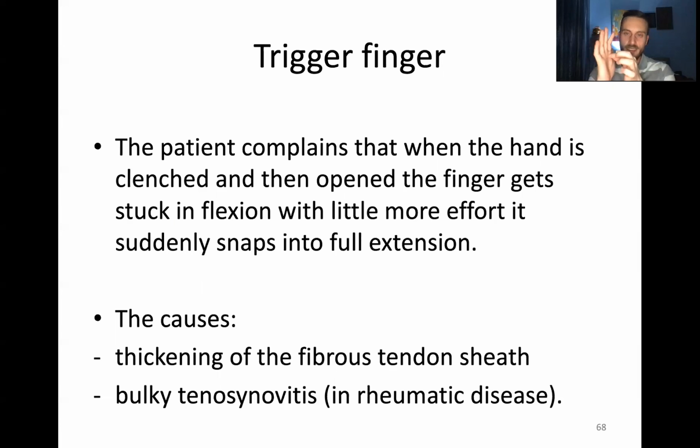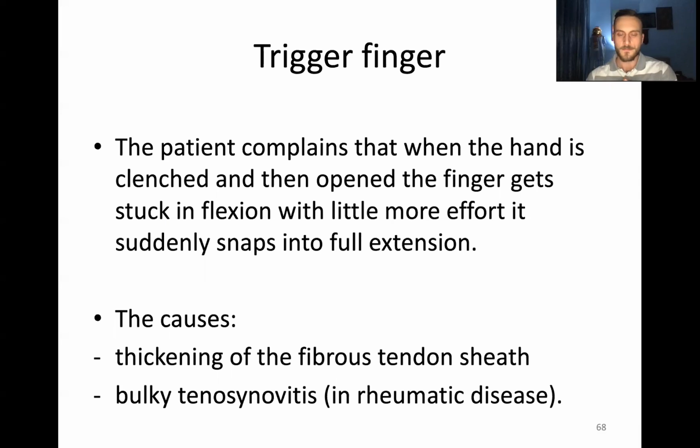If you don't have these clips, the tendon will look like a bow. That's why there are clips, which are the pulleys. You have many types of pulleys. Usually the most common pulley causing trigger finger is the A1 pulley.